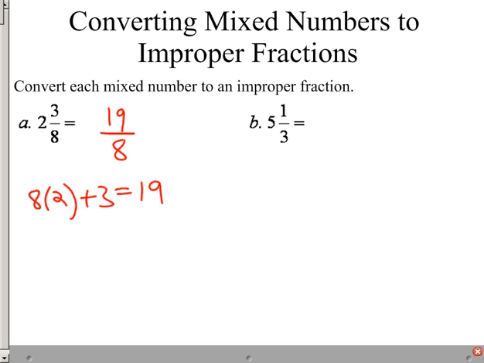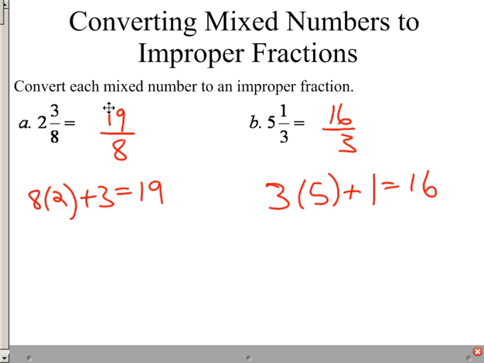The denominator stays the same. So here, 3 times 5 is 15, plus 1 is 16/3. Yep, the denominator stays the same. Questions on that particular problem? Hopefully everyone knows how to do that.